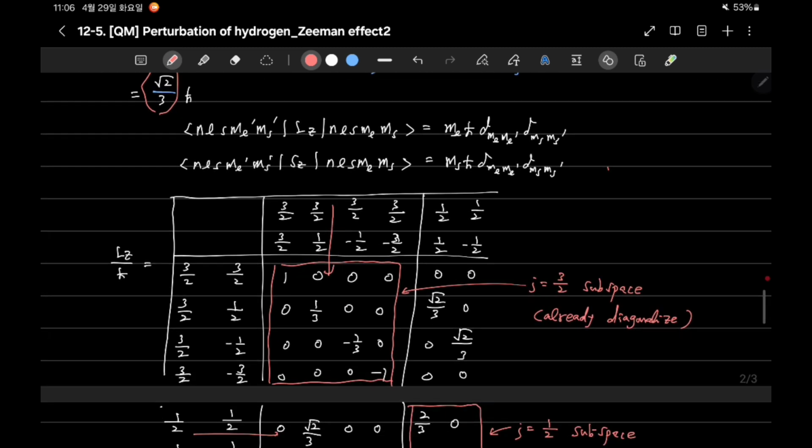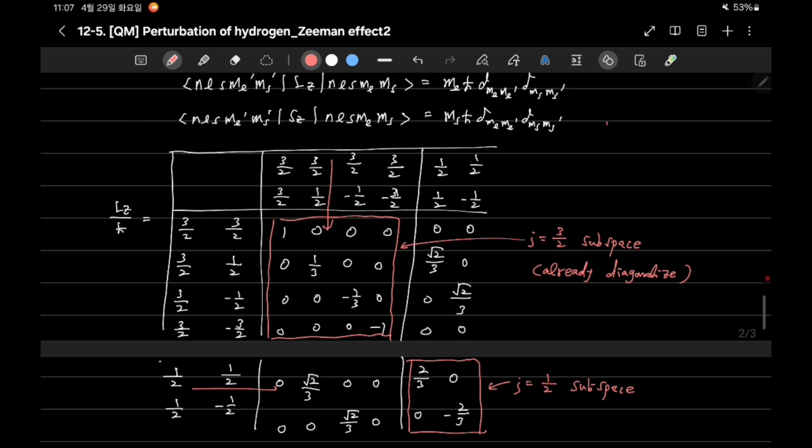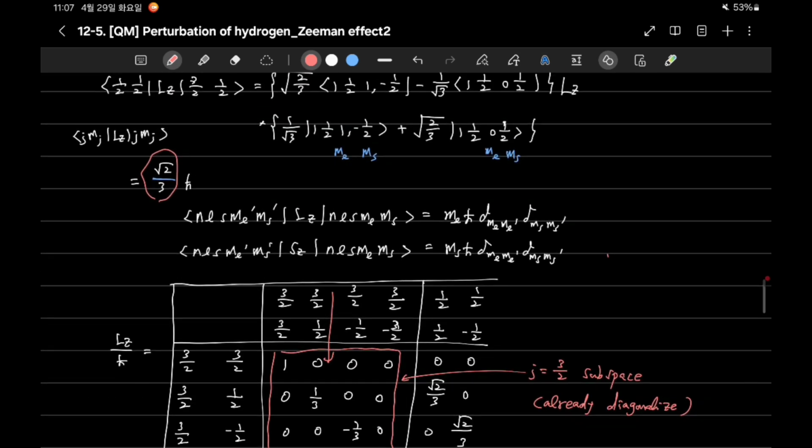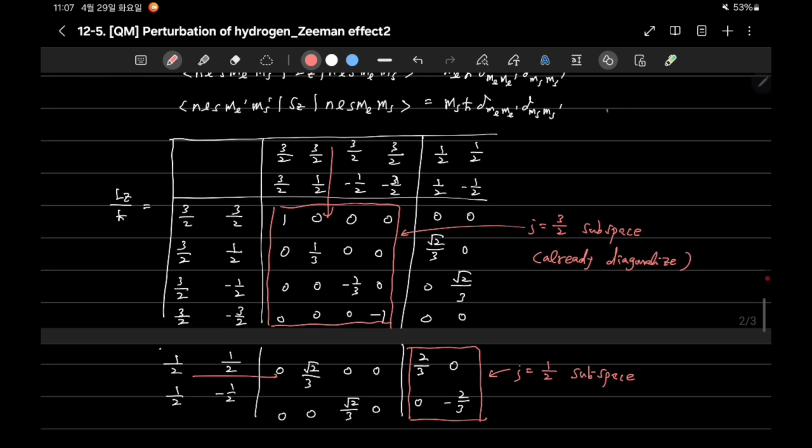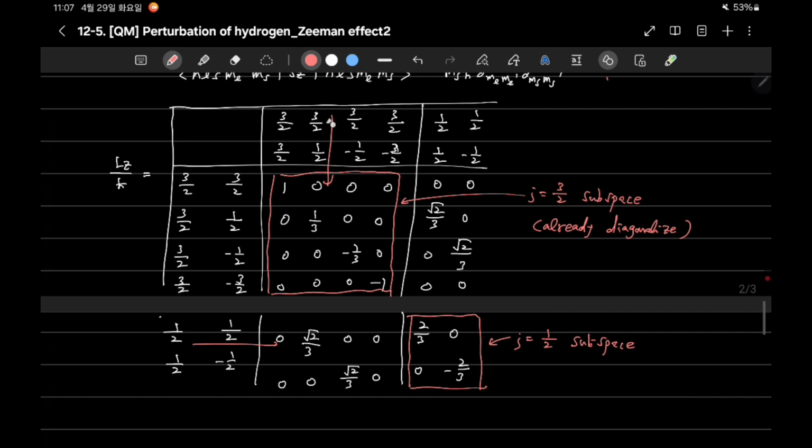So it should be orthonormal. From these perspectives, here is one example: we calculated the 3/2, 1/2 expectation on the other basis 1/2, 1/2. Then we calculated this term 3/2, 1/2 and 1/2, 1/2 like this, and also like this. This expectation for the coupled basis should be calculated in each case, so many tables.